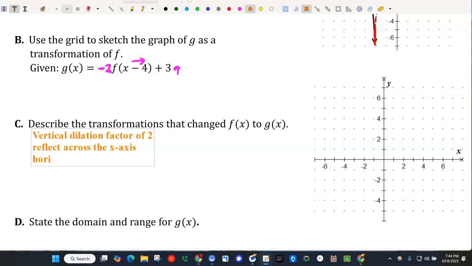We're going to do a horizontal translation of 4, and I'm going to say 4 to the right. And then we're going to do a vertical translation of 3 down.